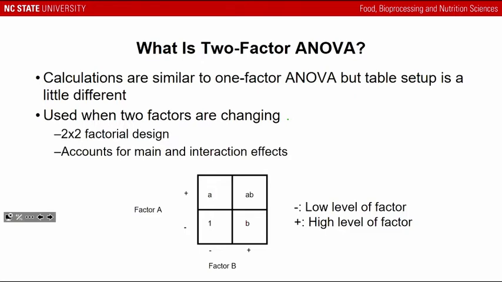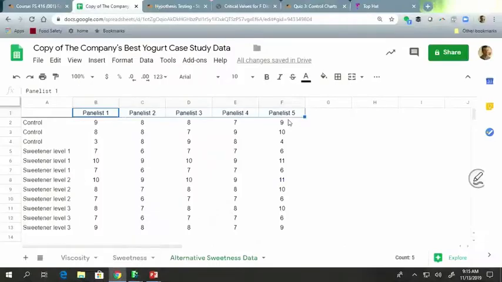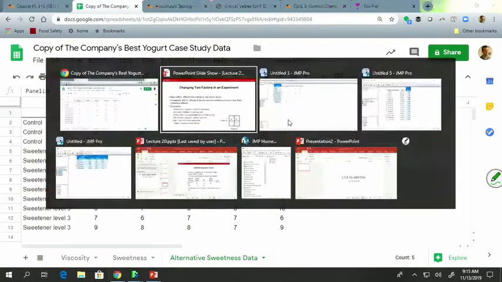Okay, and then what we'll work toward is figuring out if there's an interaction effect, and I'll explain that here in a little bit. So we have main effects, which if we go back here, the main effect might be just sweetener level or panelist.